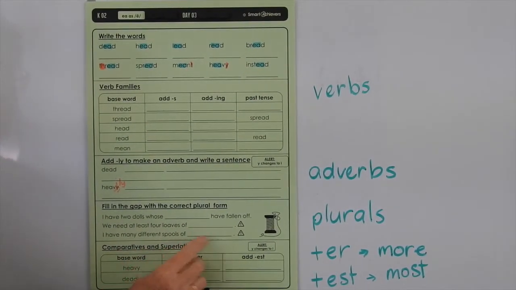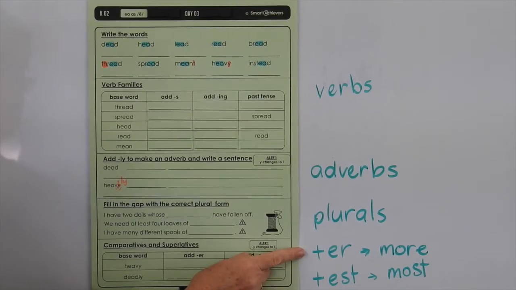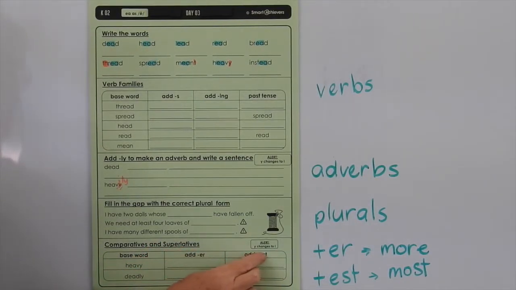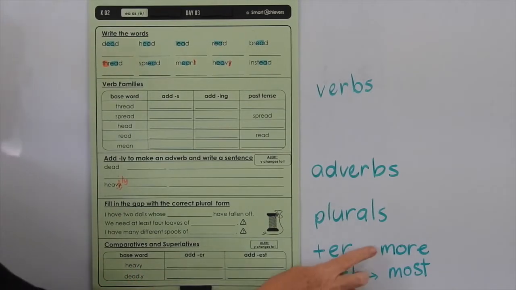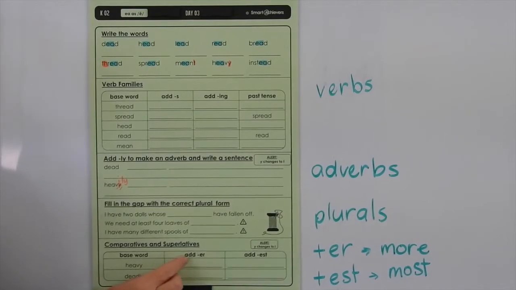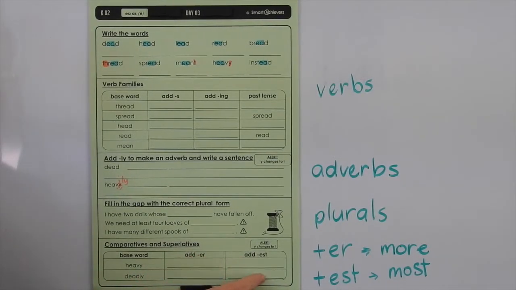Comparators and superlatives are when we add er to the end of a word to make it mean more, and we add est to the end of a word to make it mean the most. So sometimes we might say more or most before the word, but in these ones we're going heavier, heaviest, deadlier, deadliest. Now these both end with a Y.